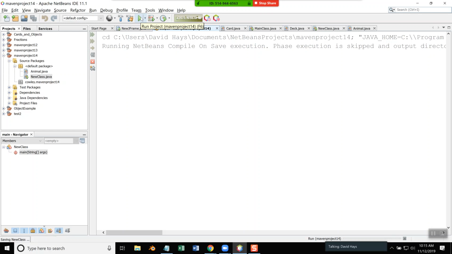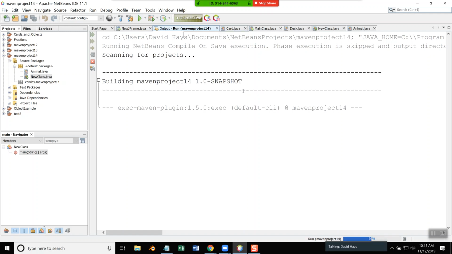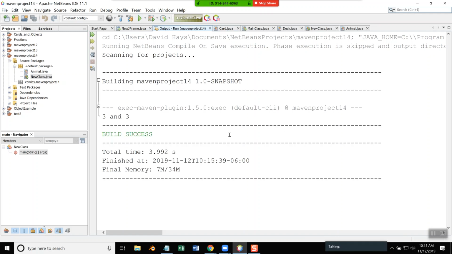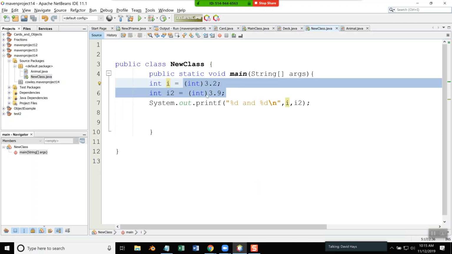These are things you want to explore if you're doing that kind of conversion to make sure it's going to handle it like you want. 3 and 3. So it truncates. So if you're trying to change something to the nearest integer, this would not be how you'd want to do it. Now, if you want to truncate it, then this is how you'd want to do it.